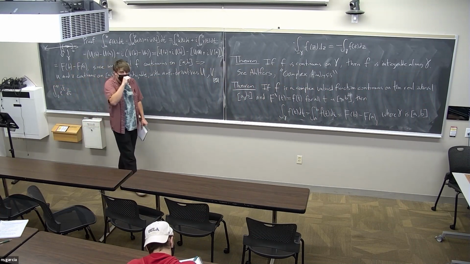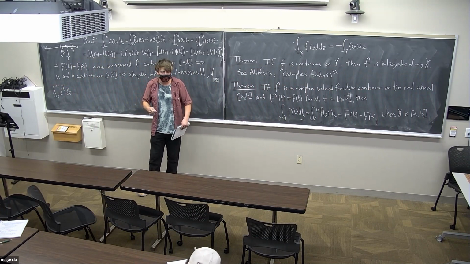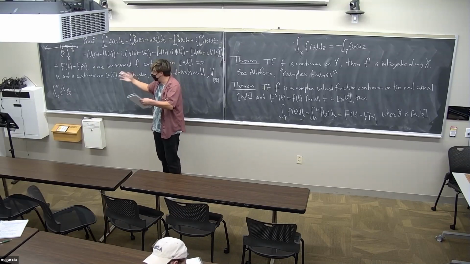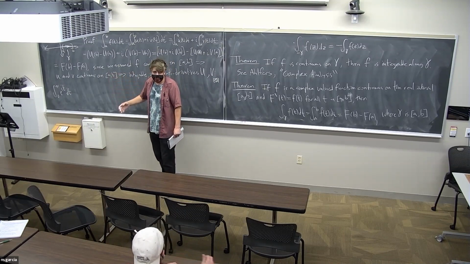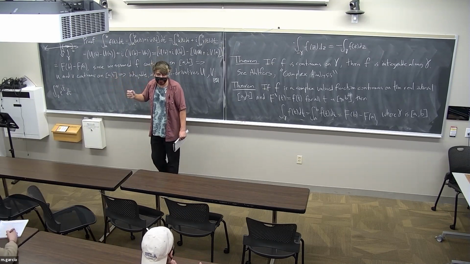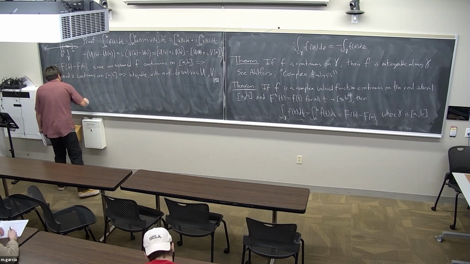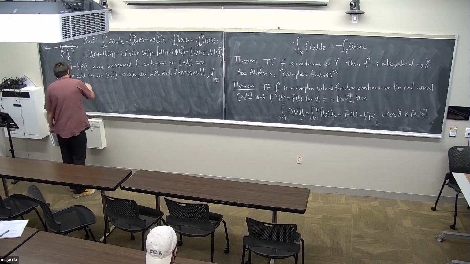1 over i e to the it. Yeah, it's just a u substitution, if you like. It works just the same, since we know how differentiation of e to the z works in general, and that the chain rule applies to complex functions. So this is just equal to e to the it divided by i, evaluated at pi and 0.